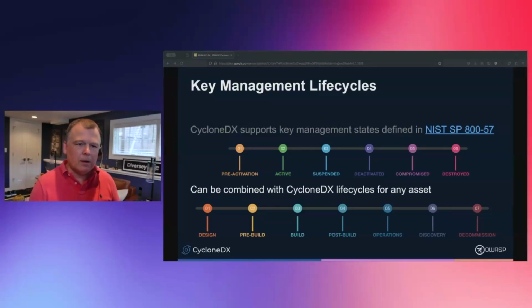Or maybe I have an operational bill of material, and I've got a bill of material for something that's in operations today, and maybe it was deactivated. Well, that's also interesting, right? Because that affects availability. Both of these things can be described in CycloneDX today. So that gives organizations some really interesting use cases to use with their key management.